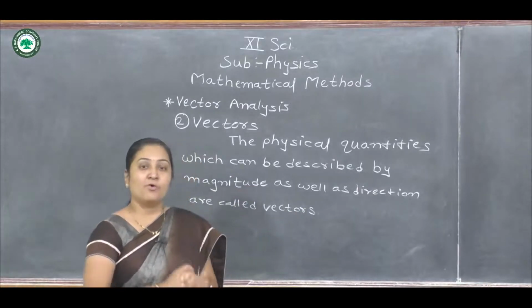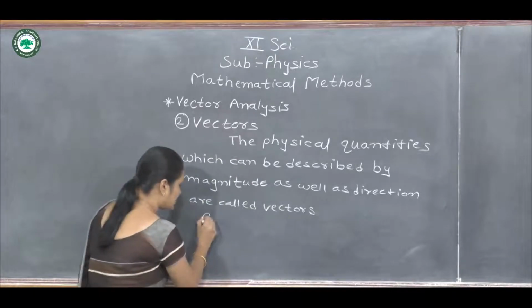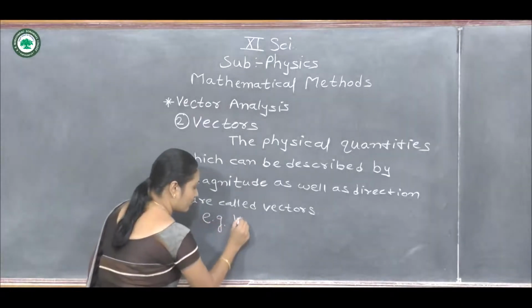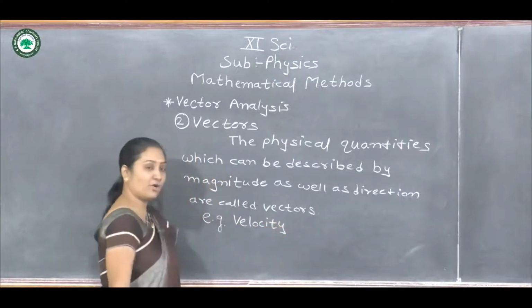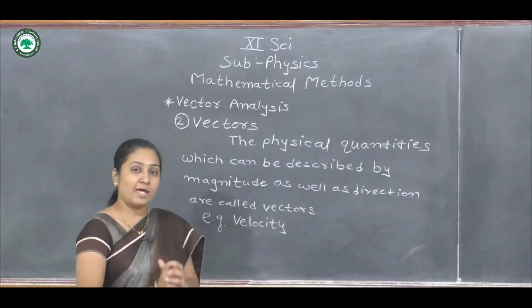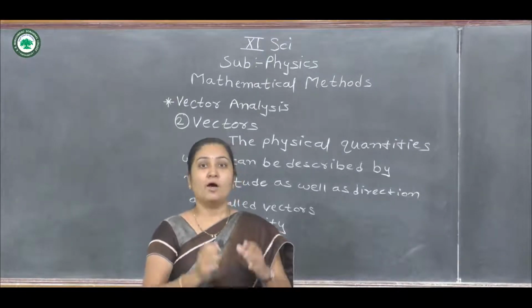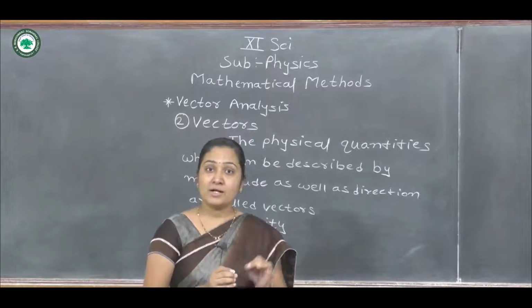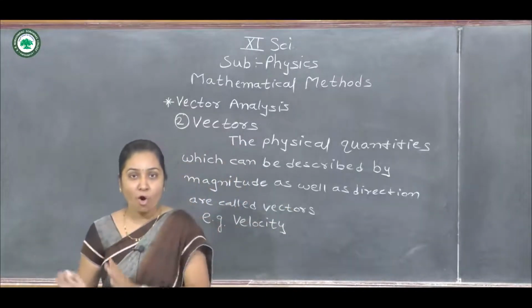Now what are the examples of vectors? Examples of vectors are velocity. When we consider the velocity of any object, we consider its magnitude as well as the direction of that object.